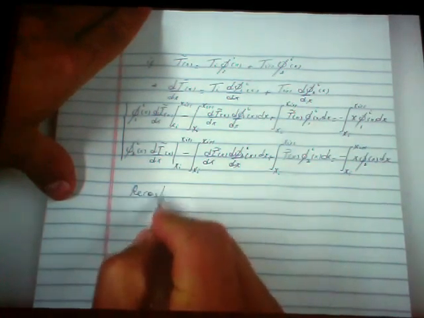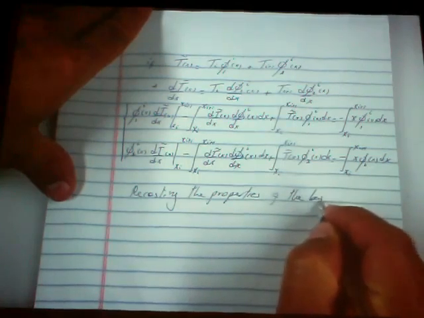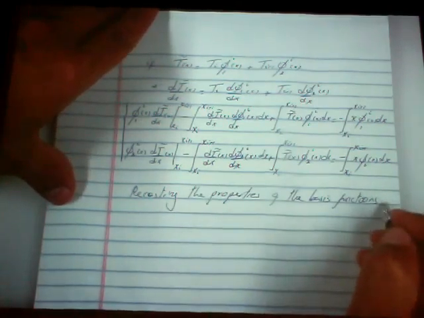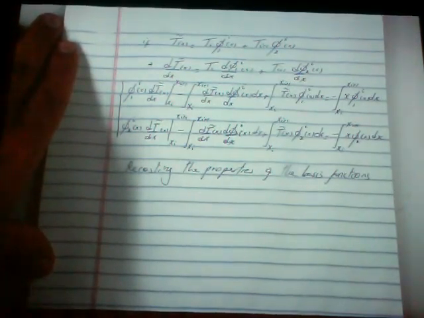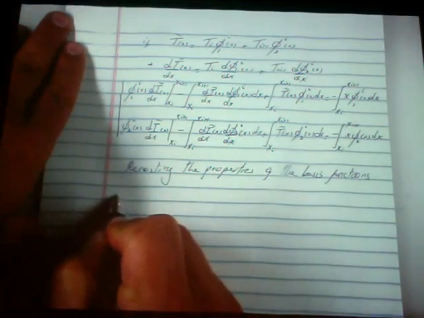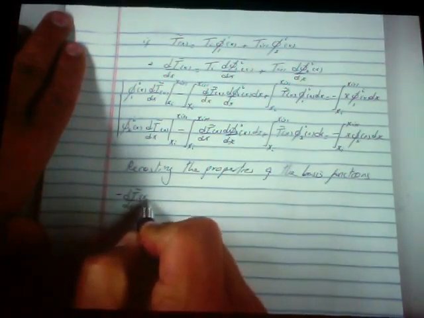So recasting the properties of the basis functions which we wrote in the previous page. So this will be, when evaluated, xi plus 1 is 0, so all we have left is minus 1 times dt dx at xi.